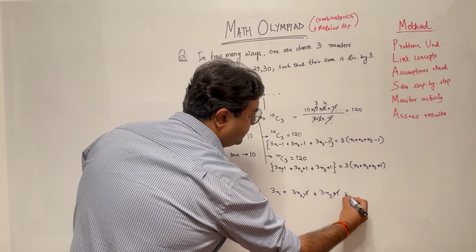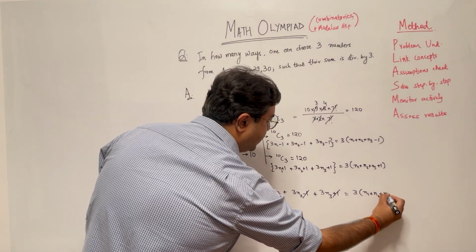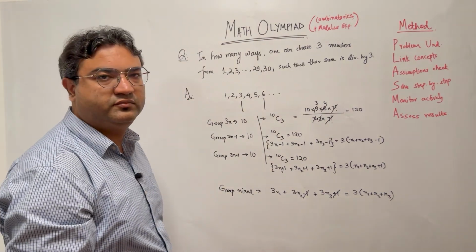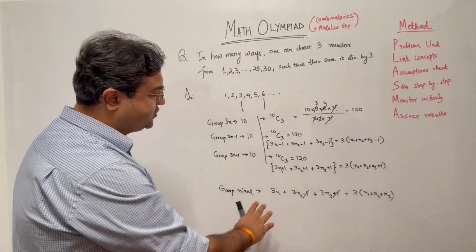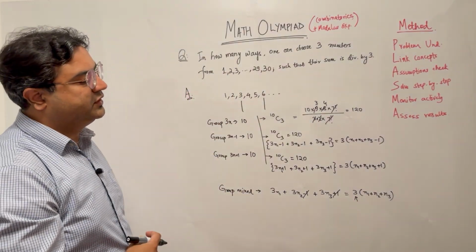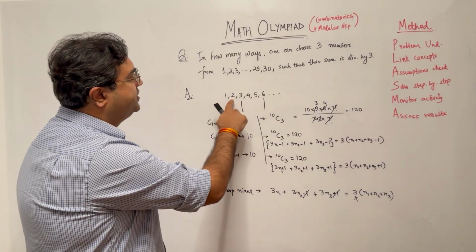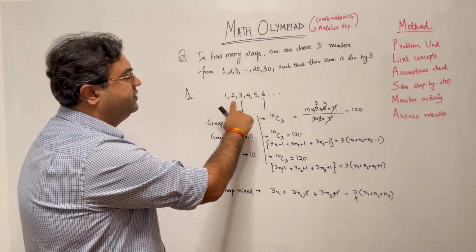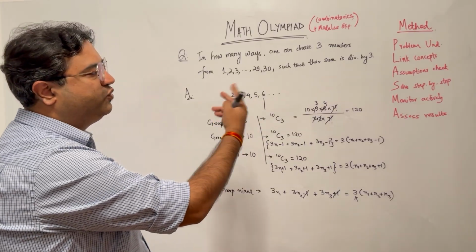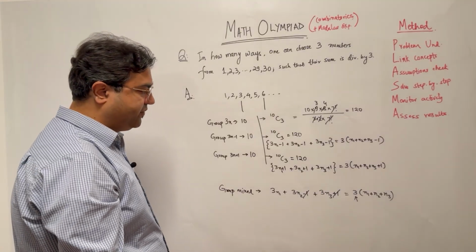So this will become 3 times n1 plus n2 plus n3. Okay. So now we know that this is also divisible by 3. 3 plus 2 plus 4 is 9. And 9 is divisible by 3. So similarly, one left, one to the right will all be divisible by 3 if you add them together.